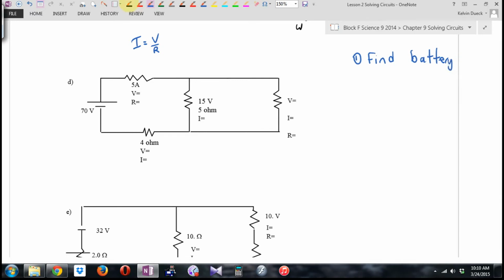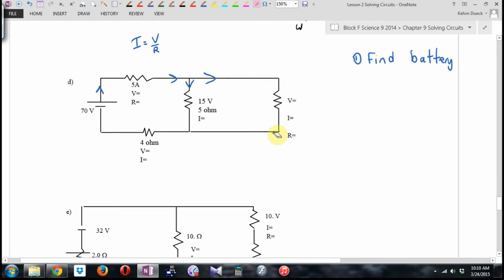Now, we said, don't write this down, electrons go from negative to positive, but hopefully I've convinced you it's much more convenient to pretend that current goes from positive to negative. So we've decided current goes that way. That's downhill, that's downhill. I'll follow it around.